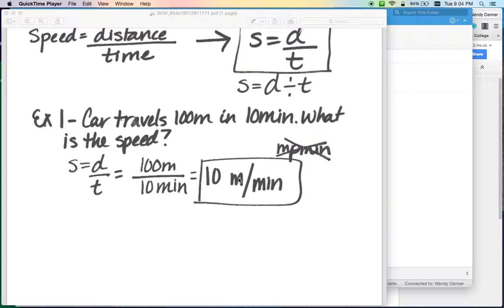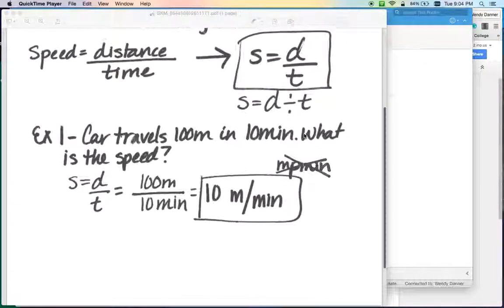The reason I want you to do it like this is because as you move on through science and math classes, you're going to start having to convert numbers, especially in chemistry. If it's already written like this, it will help you when you have to convert things later. Okay? So what you're going to do next is take a look at the speed worksheets.